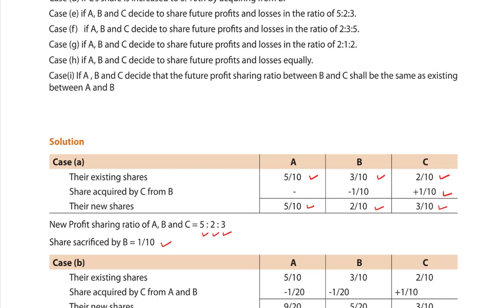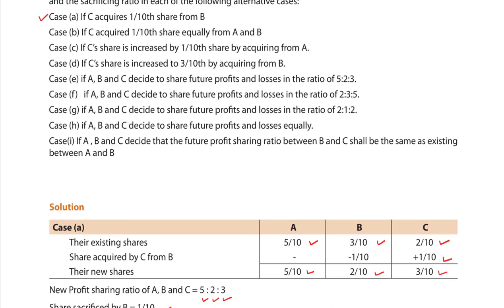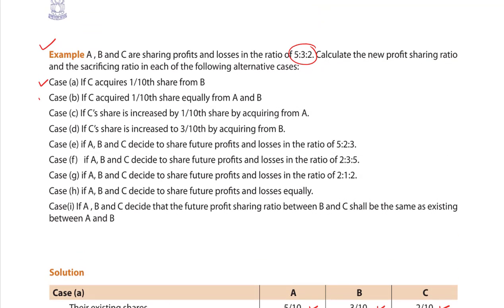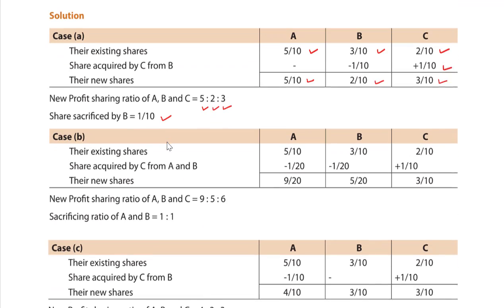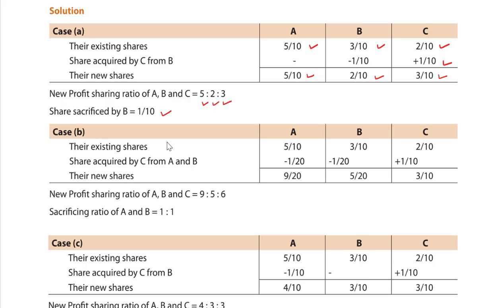Case B. If C acquired 1 by 10th share equally from A and B, that is 1 by 10th multiplied by 1 by 2 from A and 1 by 10 multiplied by 1 by 2 from B. Case B. Their existing share is 5 by 10, 3 by 10 and 2 by 10.